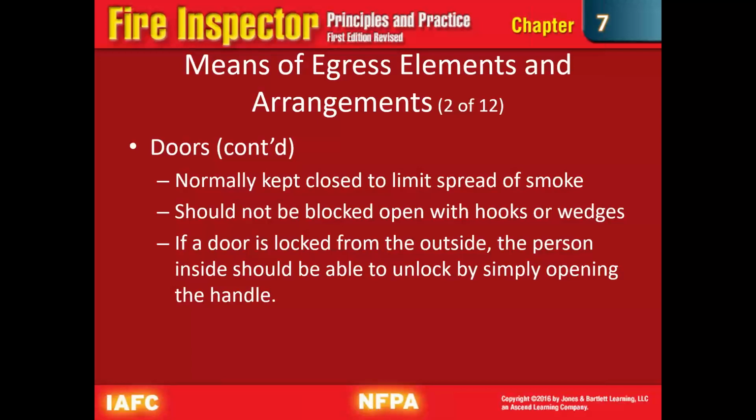That's going to block smoke and fire, try to isolate the fire in a certain area and prevent its spread, and it also allows for easier egress or evacuation of the occupants inside.